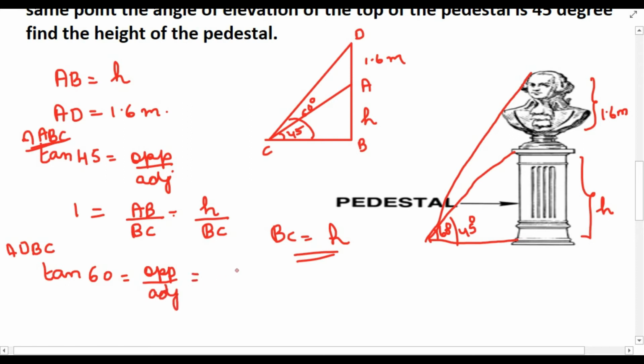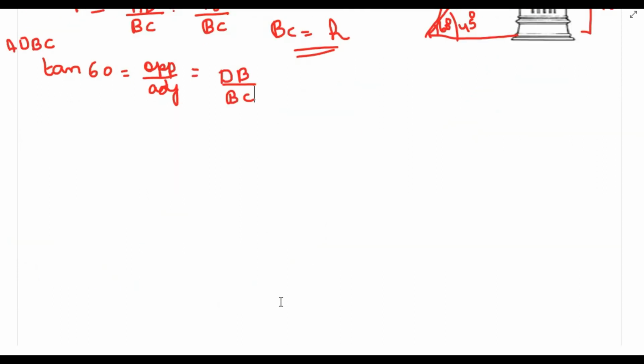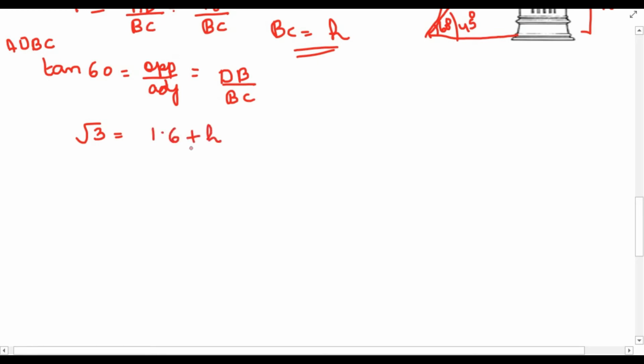So opposite side is DB and adjacent side is BC. Tan 60 value is root 3. Root 3 equal to DB, which is 1.6 plus the height of the pedestal, by BC, which we just now got as h. So I'll write h. Now cross multiply: root 3 h equal to 1.6 plus h.